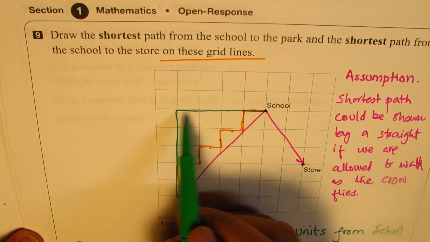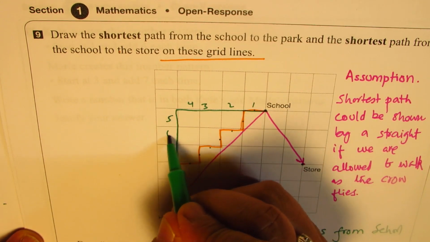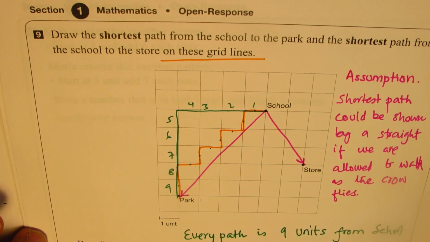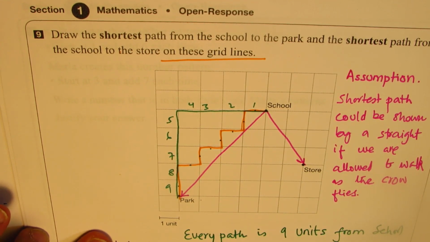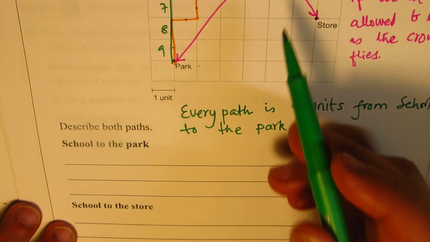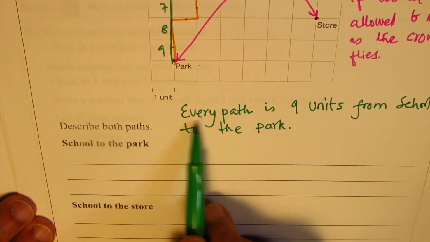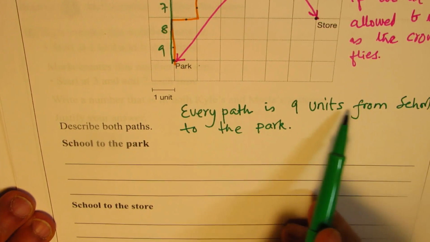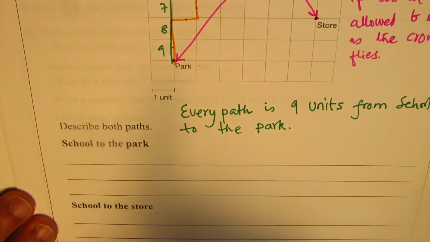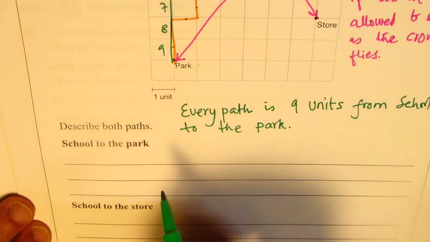So even if I go through this path, which is like 1, 2, 3, 4, 5, 6, 7, 8, and 9. So how do we describe them? That's a big question now. So we'll assume if you can walk through, then you can go through this, but normally it is not possible, right? So every path is 9 units from school to the park. So from school to the park, what you could do is that you could go 4 units left.